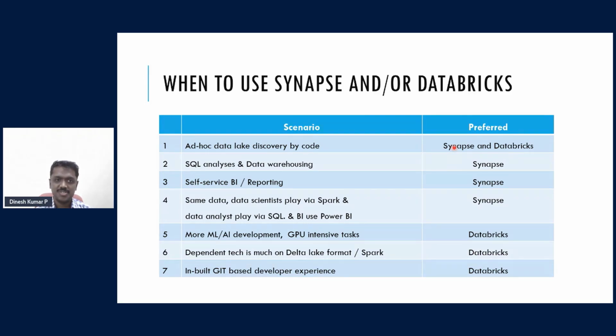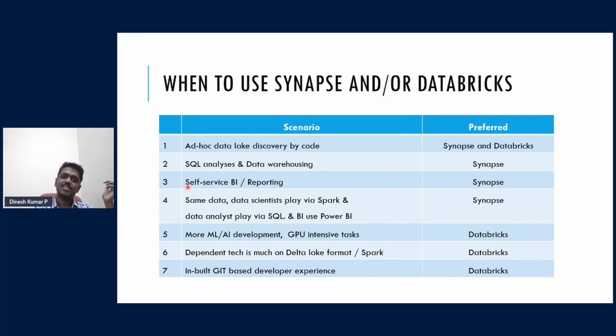And for SQL analysis and data warehousing kind of need, I definitely recommend Synapse, because for data warehousing, Synapse is first and data lake is next. For a data lake kind of need, data lake is first and Synapse is second. Like that, you can simply rank.